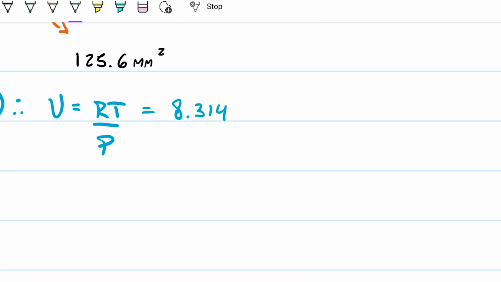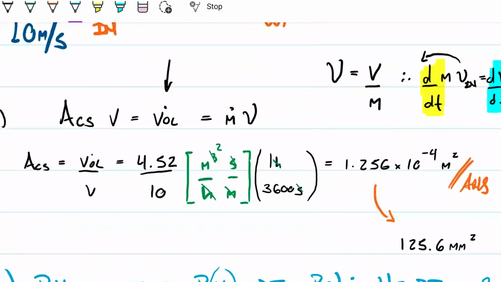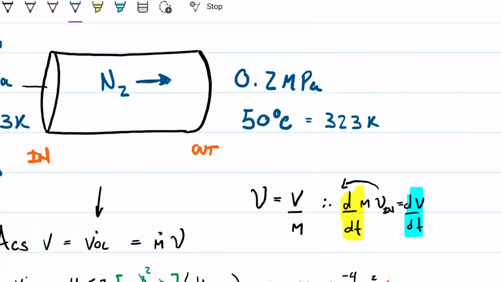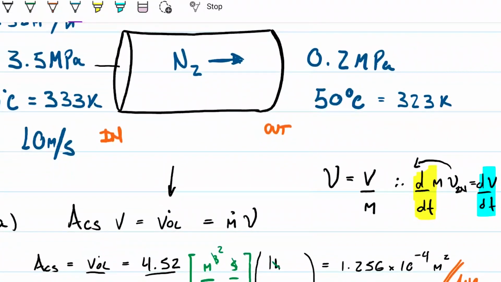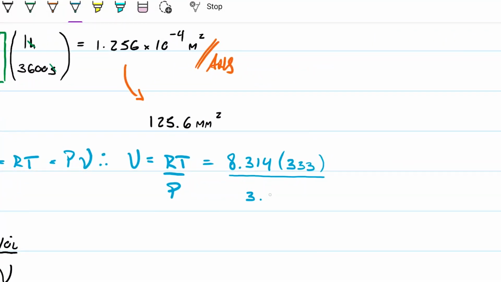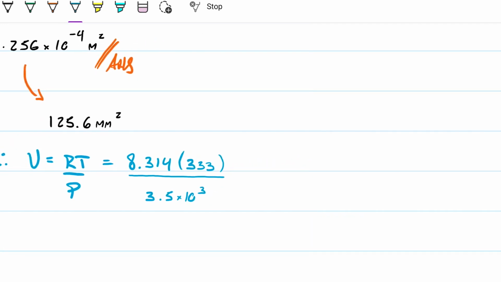I'm just going to place the values here. So our temperature on the inlet is, what is it? 333 Kelvin. And our pressure on the inlet is, I forget everything, sorry, 3.5 megapascal, 3.5 times 10 to the third kilopascals.